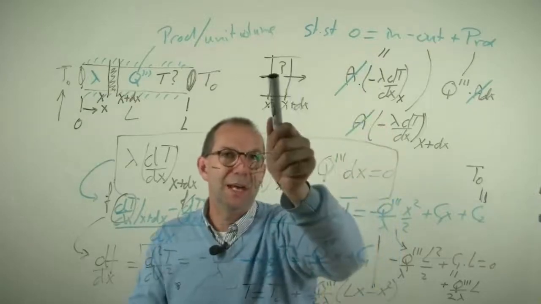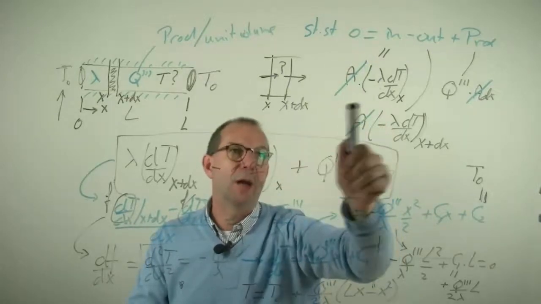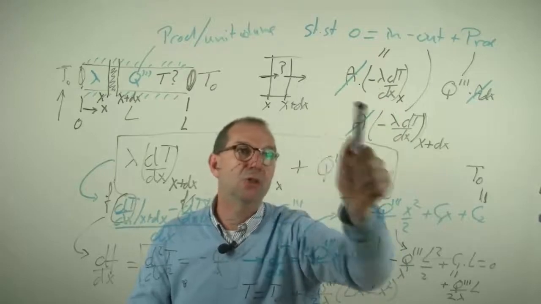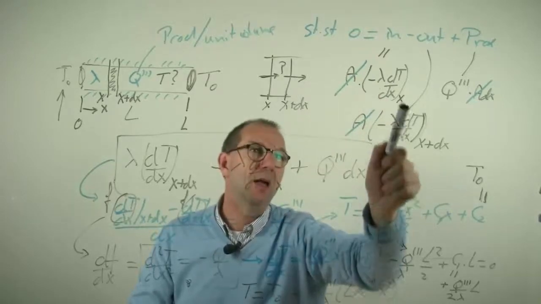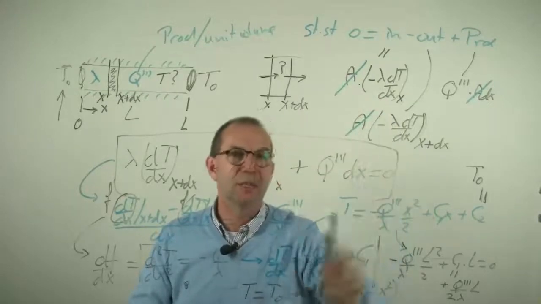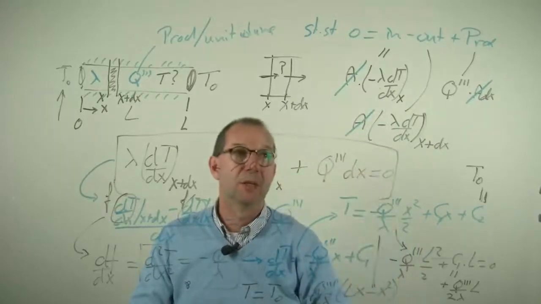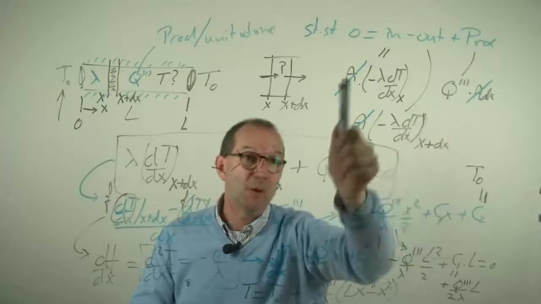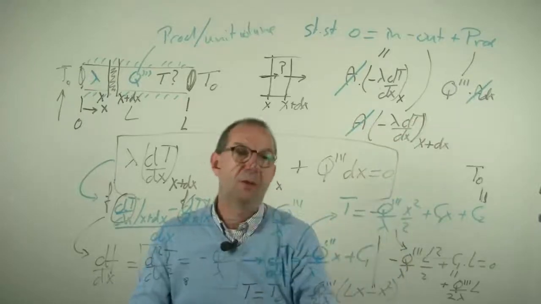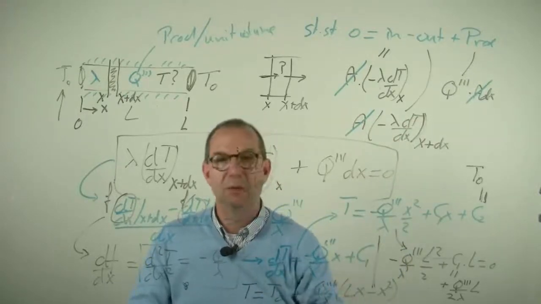Inflow through the area A, the cross-sectional area, is Fourier's flux. Outflow is the same formula, but these are evaluated at different places. Left and right don't have the same gradient. Once you have done this, the rest is mathematics and boundary conditions.